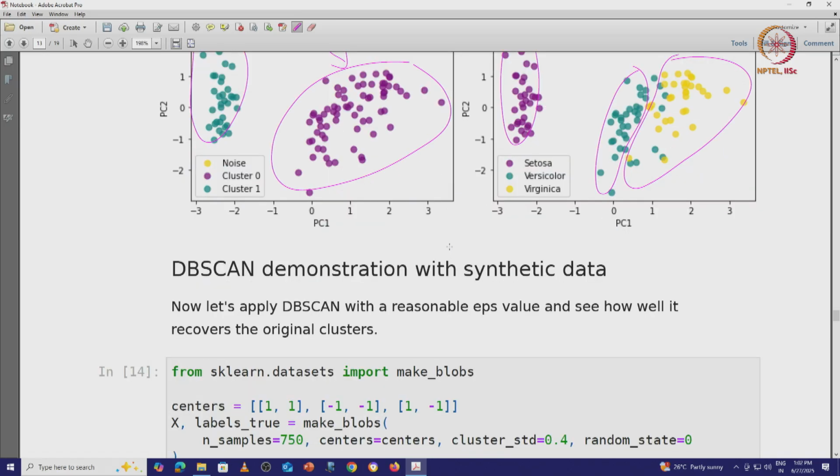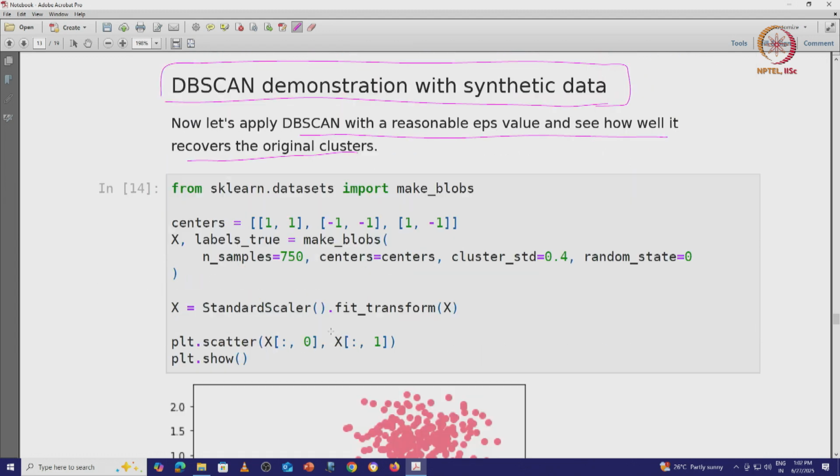Alright, so let's of course also demonstrate DBSCAN with some more data where we can actually see different clusters, and not this kind of a scenario where some of the points are getting lumped into the same cluster, although we know they are about different categories. So let's apply DBSCAN with a reasonable epsilon value and see how well it recovers the original clusters in a synthetic data set.